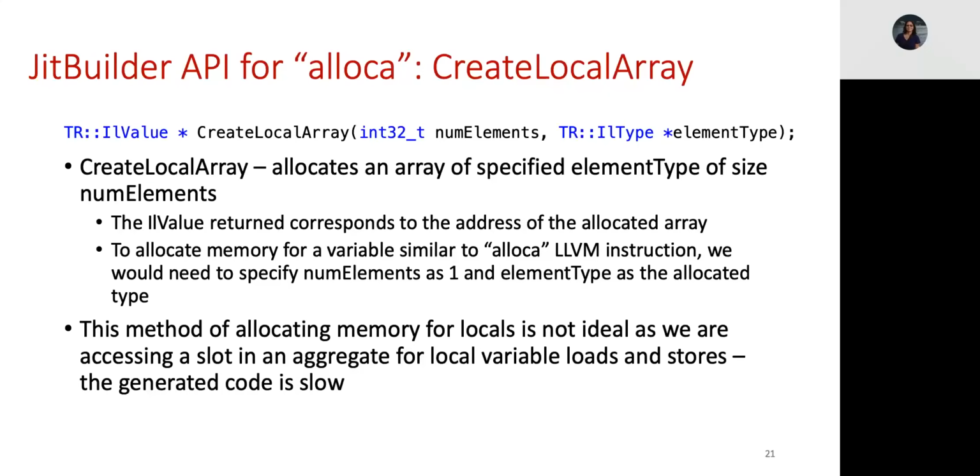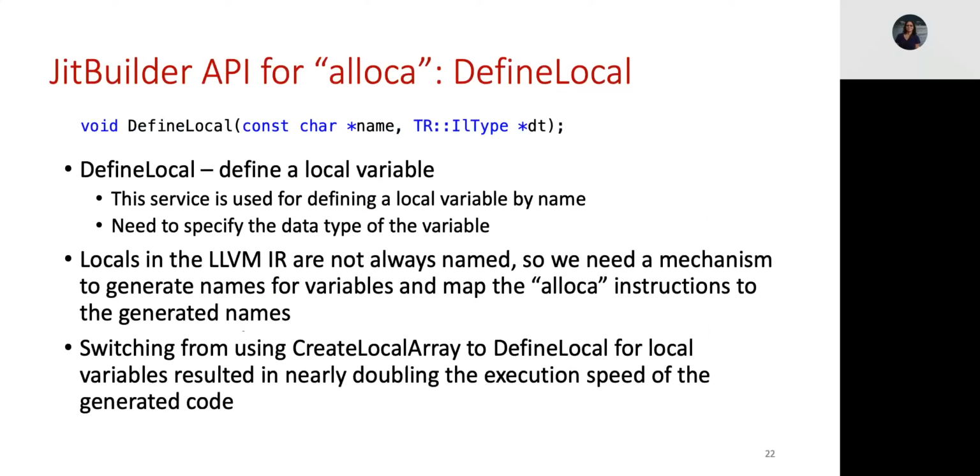This is what we initially were using for local variables, but the problem was that we were accessing a slot in an aggregate, and the generated code is slow because our optimizer cannot see through these local variable accesses, which is why we switched to define local.